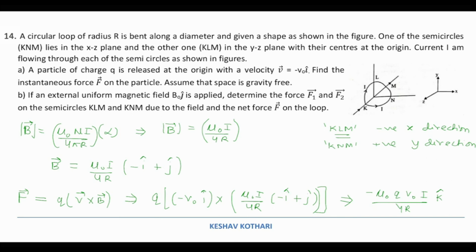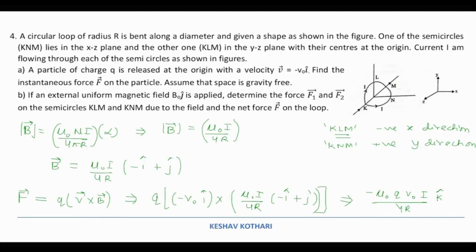For this problem, the force is determined using the expression F vector equals I L cross B. We can also determine the direction of force by Fleming's left hand rule. The applied magnetic field is in the B naught j cap direction.